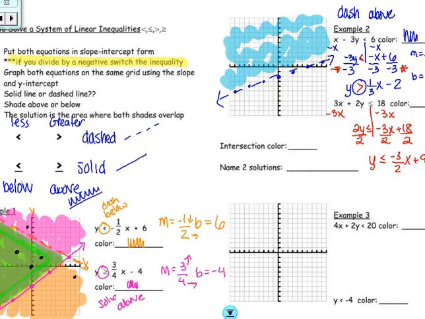I do not have to flip the inequality on this one. I did not divide by a negative. So on this one, starting up at 9 for our y-intercept and our slope, -3 over 2, means we come down 3, positive 2. Down 3, positive 2.